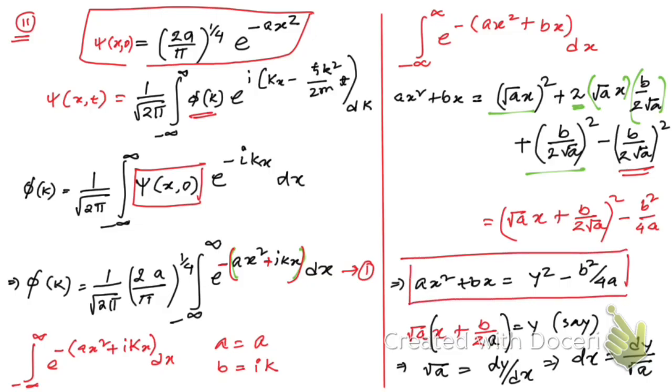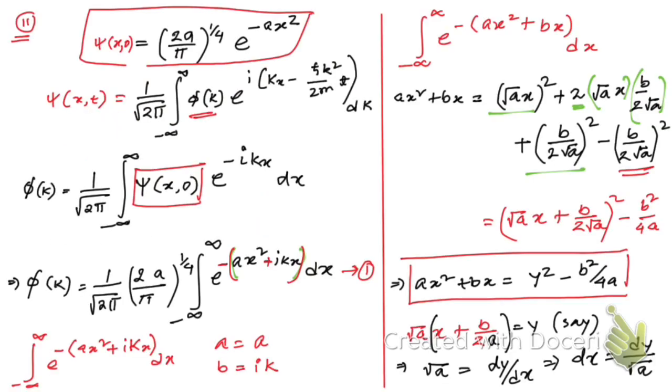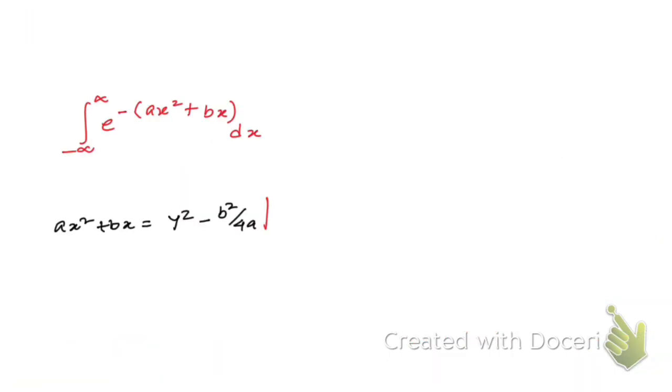Let me copy this one as well. So here we have got this, then we have got dx is equal to this one. Let me copy this. This is dx equal to this dx.